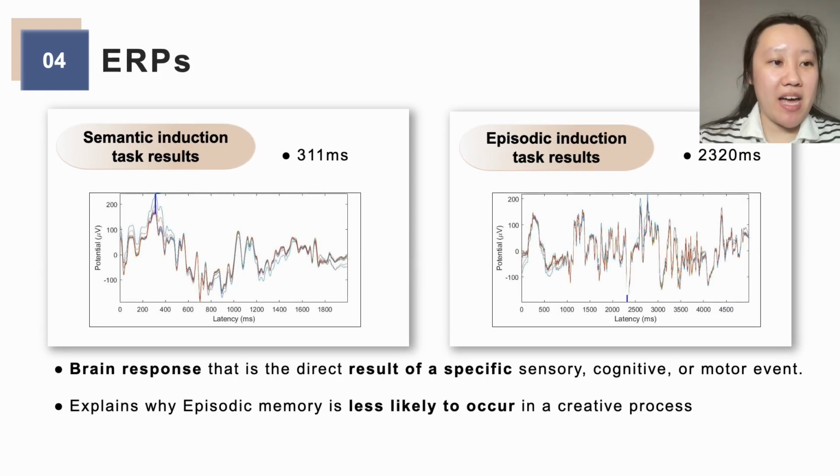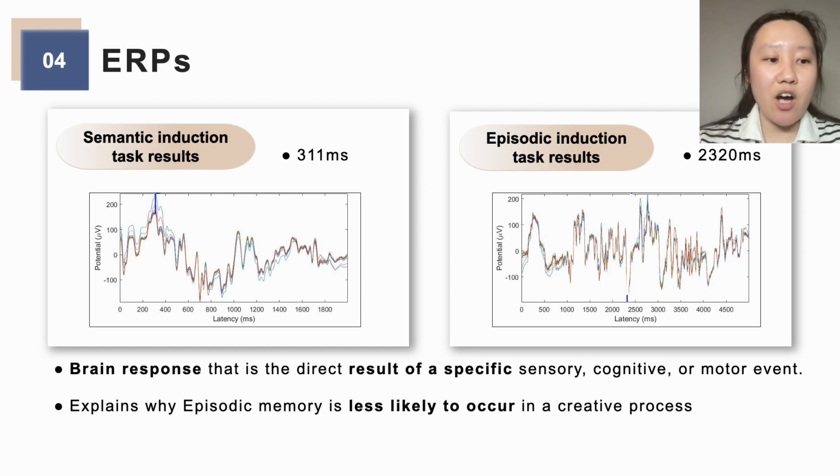As for the ERP results, we can find that semantic memory needs around 311 milliseconds to be invoked, while the episodic memory may need much longer, over 2000 milliseconds. So based on the definition of ERPs, which relate to the brain response to a specific cognitive event, we can find the semantic memory needs a shorter response time compared with the episodic memory.